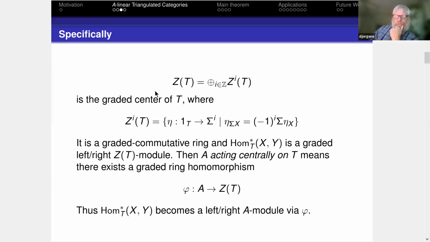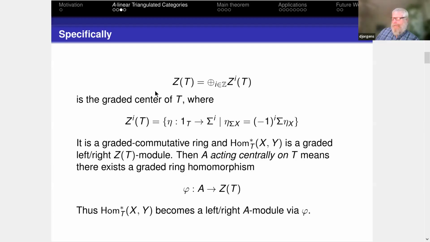And then we say that A acts centrally on the triangulated category T if there exists a graded ring homomorphism from that graded commutative ring A into the graded center. So through this homomorphism phi, the Hom stars become left or right A-modules.